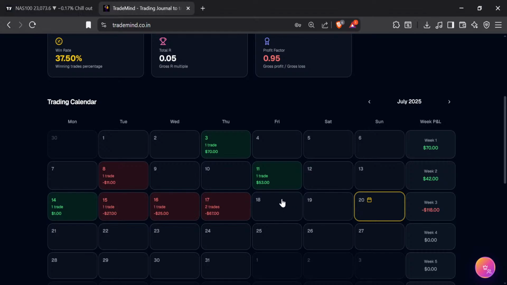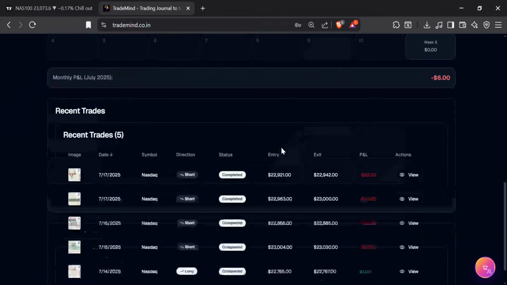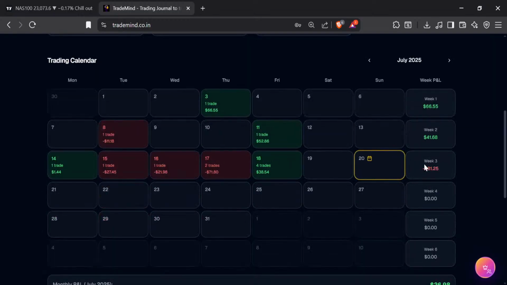So that cost me around 2% this week. I was supposed to be up 2%, but I'm grateful I'm not losing anything big this week, because it's just 0.8% that I'm losing. I can recover it in one trade next week.